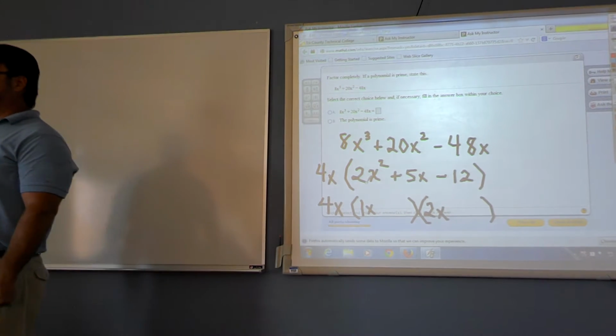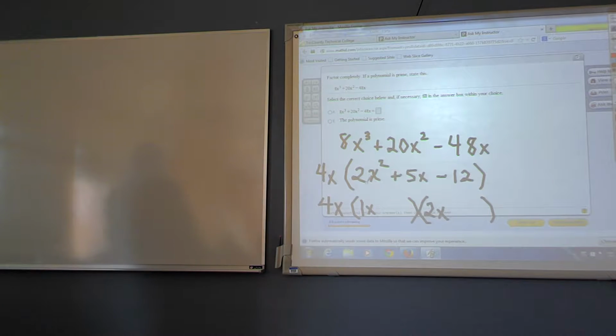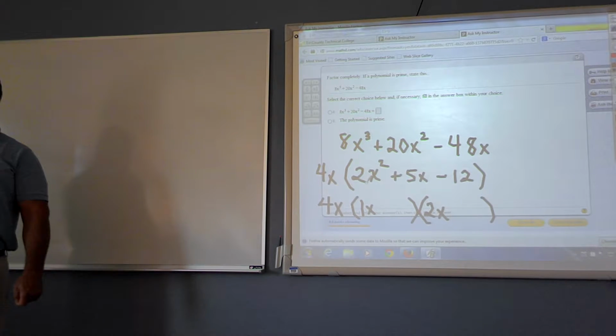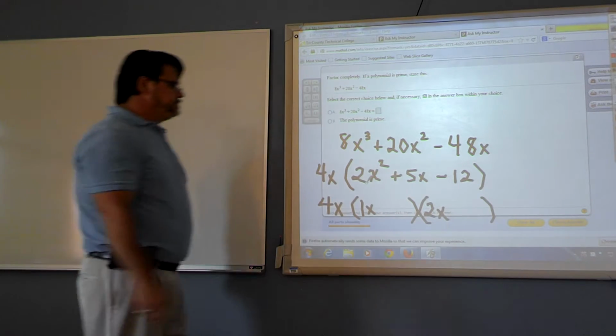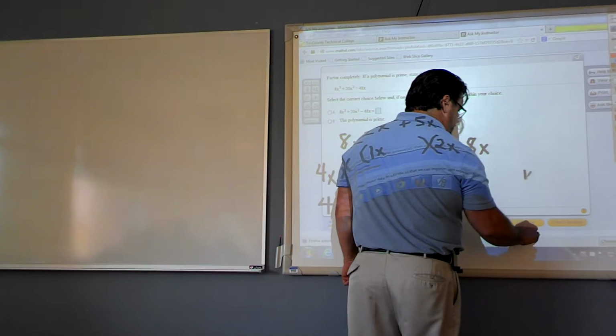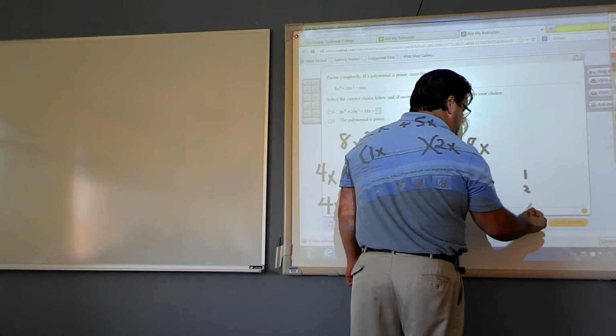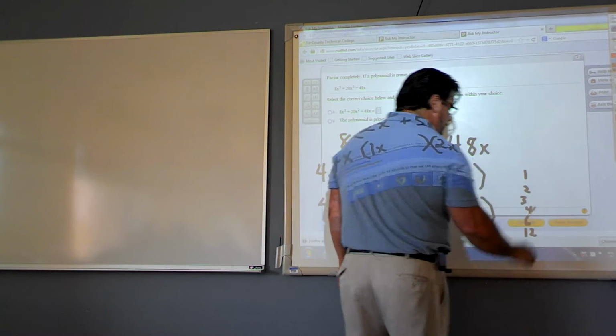Because the only multiples of 2 are what? 1 and 2. So that 12 is gonna be a problem, because there's not only 1 and 12, but there's 2 and 6, and what? 3 and 4. So, 1 and 12, 2 and 6, 3 and 4.